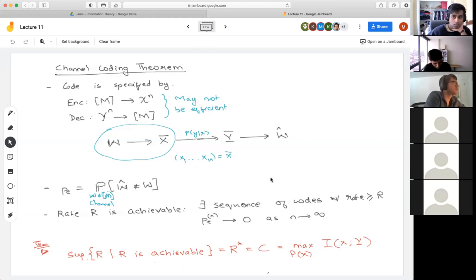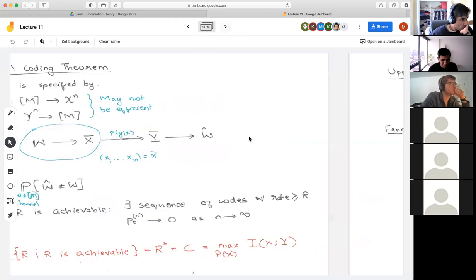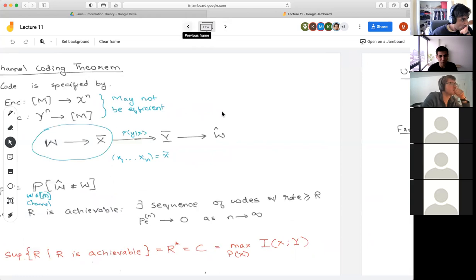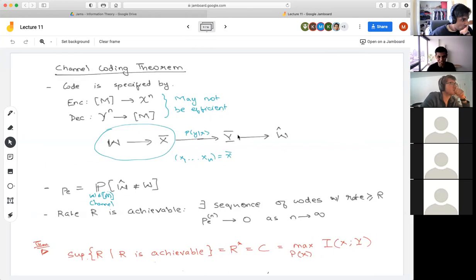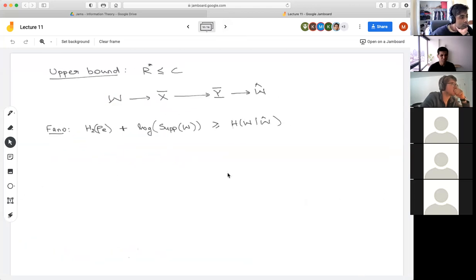Yes. It's just that we write it this way to get around issues that for some values of n or some number of messages, it might not be a power of 2 and so on, and all those will go away once you define it this way. So we define it in terms of sequences, and the inequalities on the sequences, I think, are natural, but if not, I'm happy to answer.